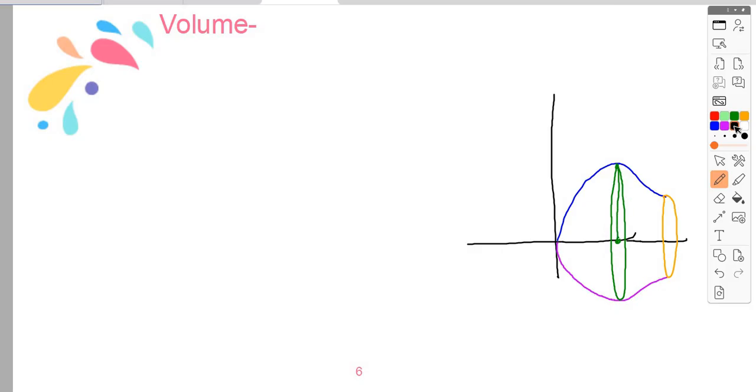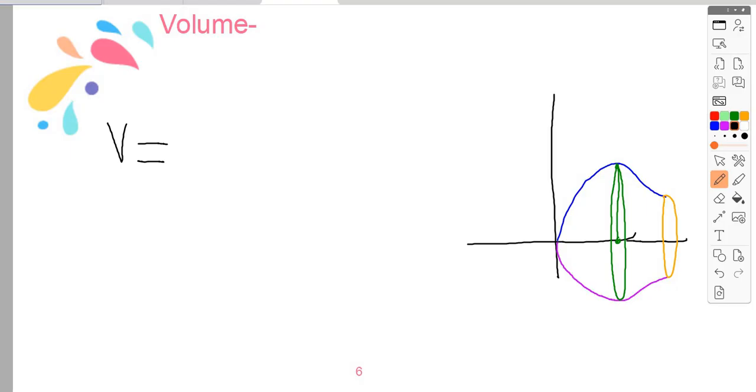Which means that if I find the area of that circle, and then I send my number of circles out to infinity, what would I end up with? Not the area of the shape, but the volume of the shape, right? If I find the area of one slice, send it out to infinity, I'm finding the volume of the entire shape.